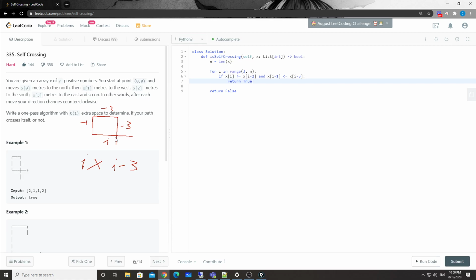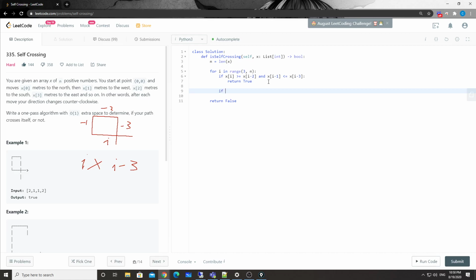Makes sense, right? Basically, if this line is greater than the I minus 2 and this I minus 1 line is smaller than the I minus 3, then we know there must be a crossing here. Okay, so that's the first case.